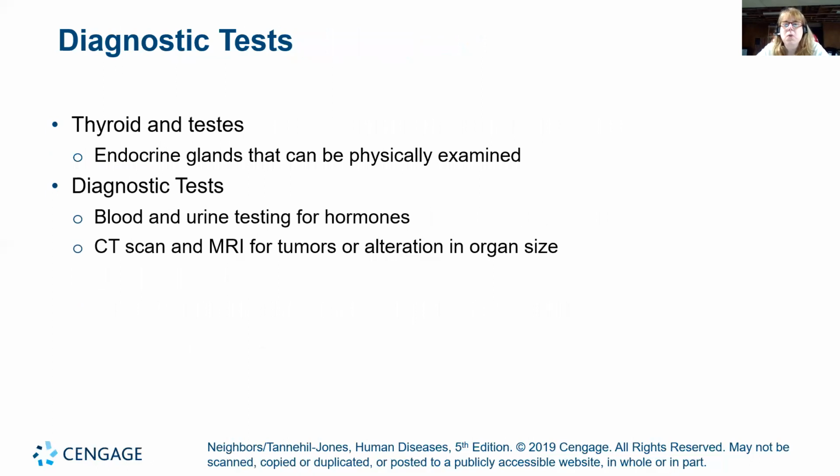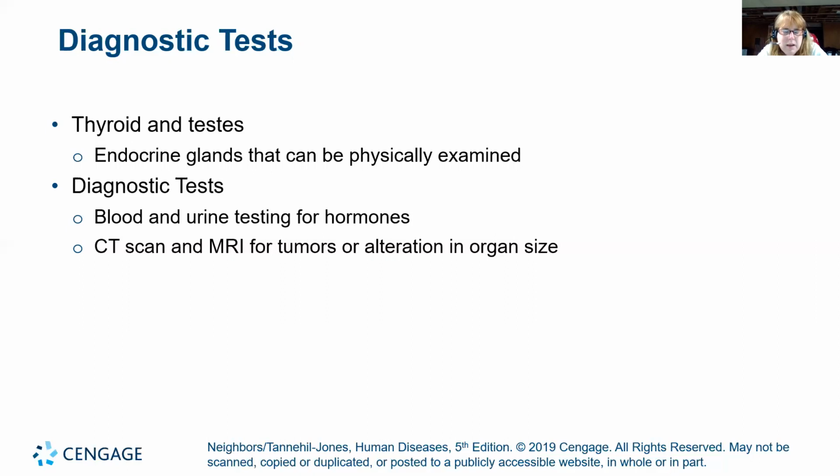We have lots of different diagnostic tests that we can use for our hormone levels, for our glands. The thyroid and the testes are the two endocrine glands that can be physically examined by touch. They can feel our thyroid in our neck area, and obviously we can do testicle examinations, okay?